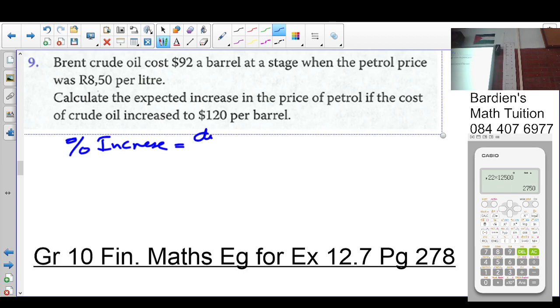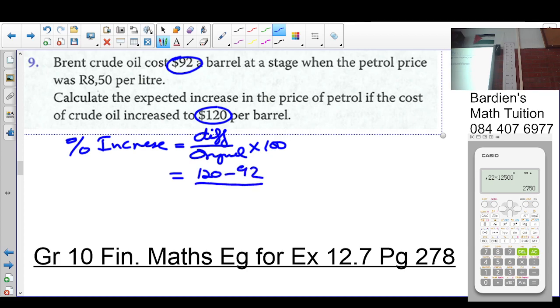It's going to be the difference over the original times 100. So there's going to be 120 minus 92 over the original price, 92, times 100.